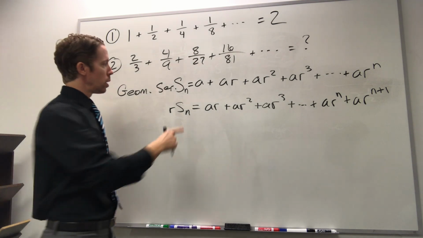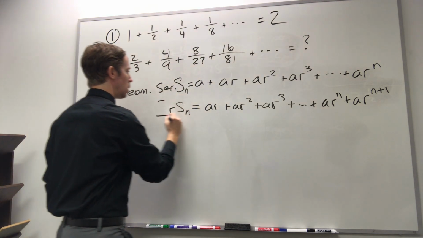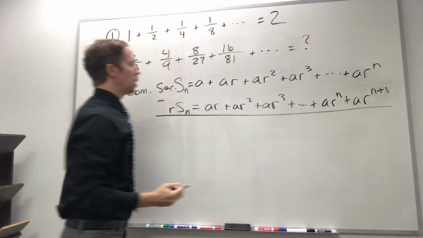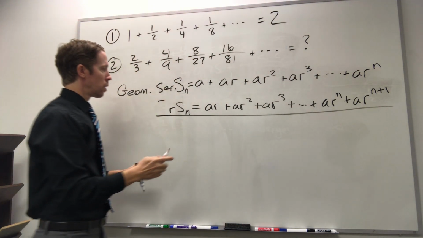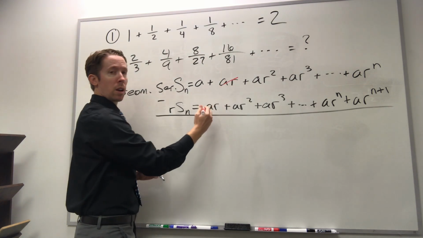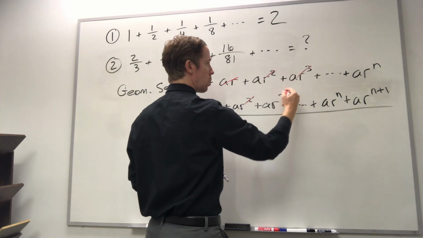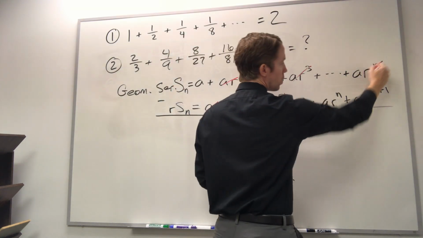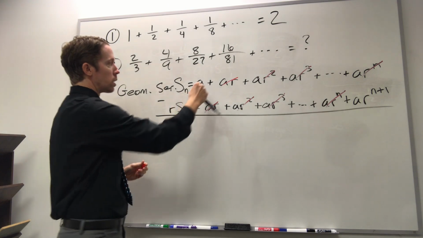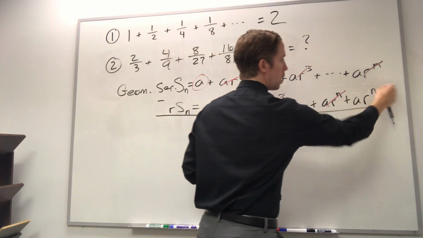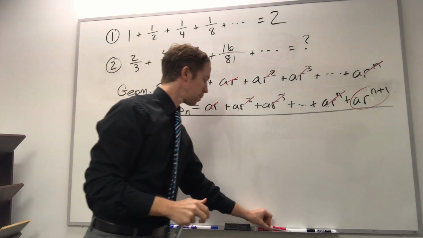Now what I'm going to do is subtract the second line from the first line. And when I do that, I get a lot of canceling going on here. I've got a positive ar and a minus ar, same for ar squared and so on, all the way down to ar to the n. So everything cancels out except for this a and this a times r to the n plus 1.